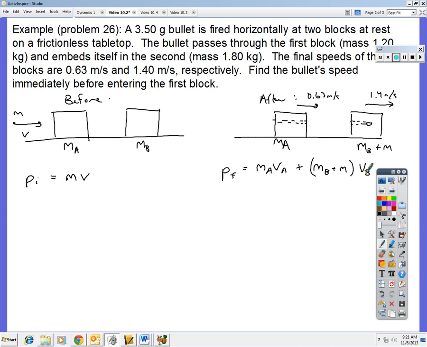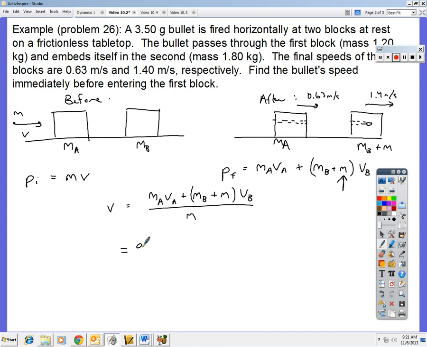But remember, momentum is a vector, which means that if somehow block A were moving to the left, we would have to make its velocity negative. We set these two equal, and then solve for v, which ends up being mA times vA plus (mB plus m) times vB, all over the mass of the bullet. Now in practice, we probably don't need to add this mass here because it's so much smaller than the mass of block B, but we will anyway.